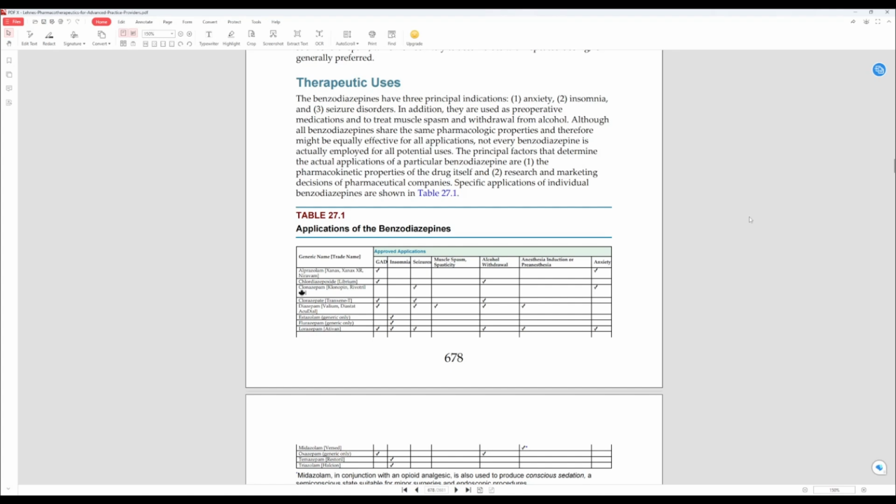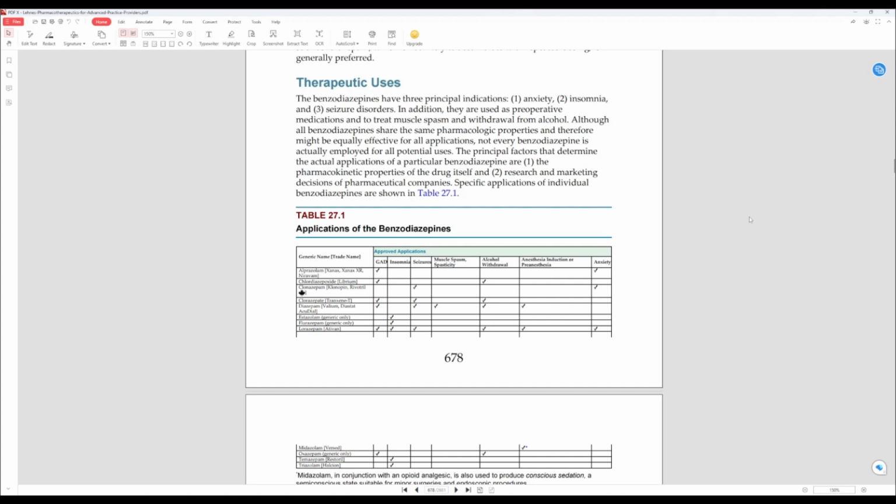Although all benzodiazepines share the same pharmacologic properties and therefore might be equally effective for all applications, not every benzodiazepine is actually employed for all potential uses. The principal factors that determine the actual application of a particular benzodiazepine are, first, the pharmacokinetic properties of the drug itself, and second, research and marketing decisions of pharmaceutical companies.